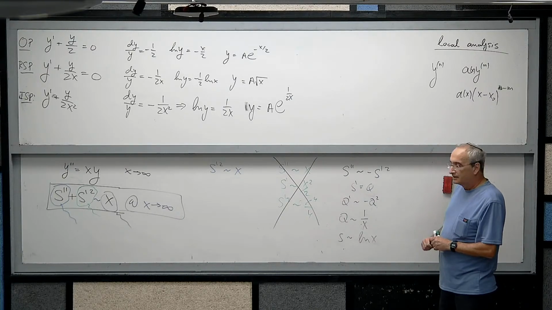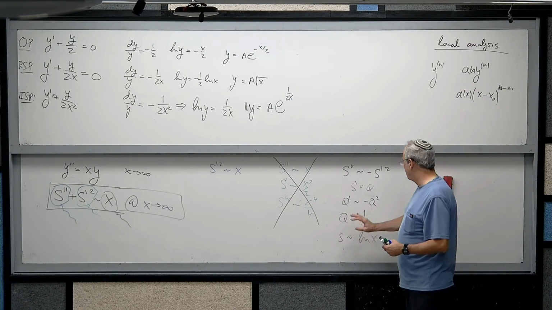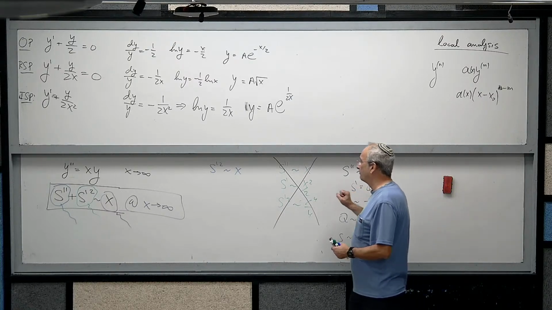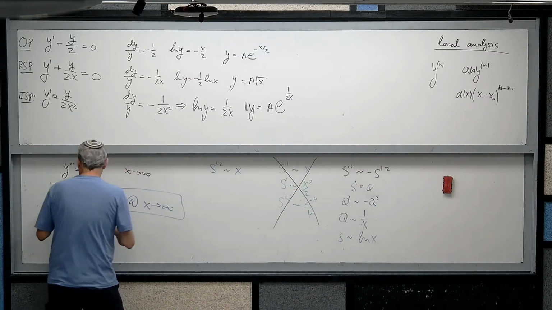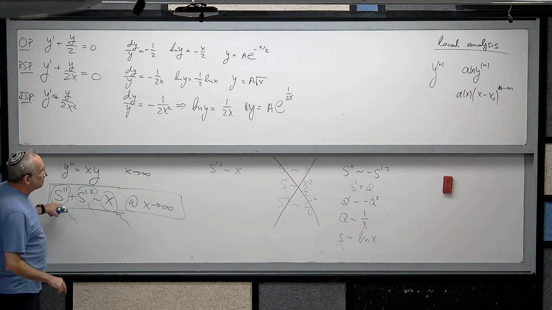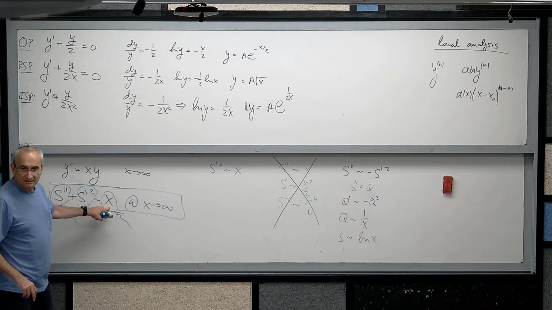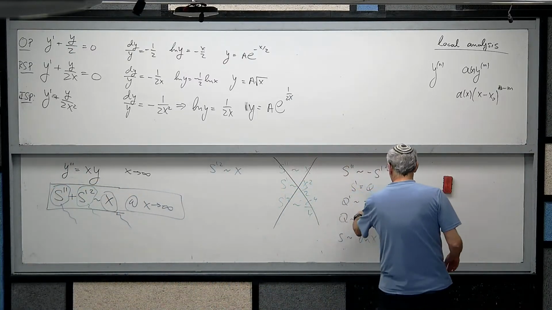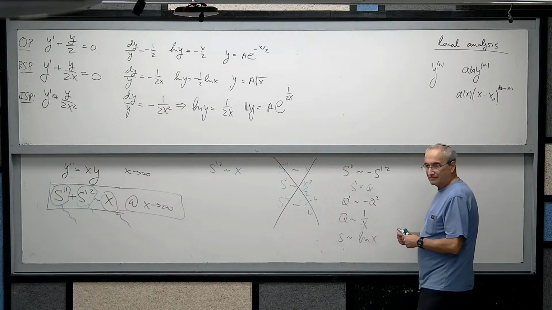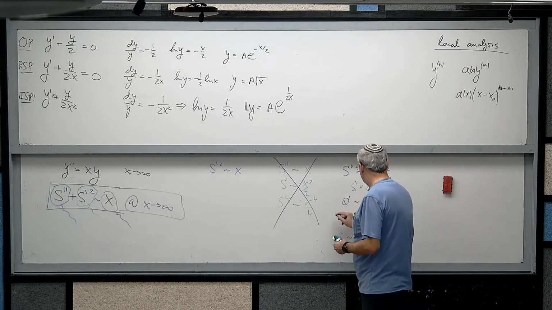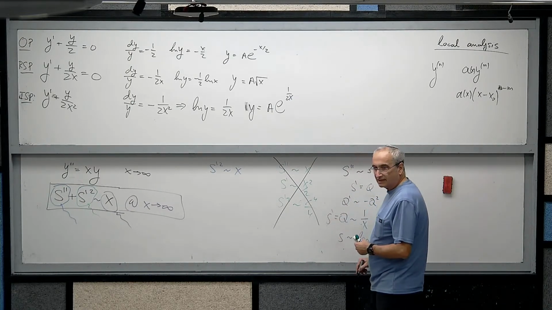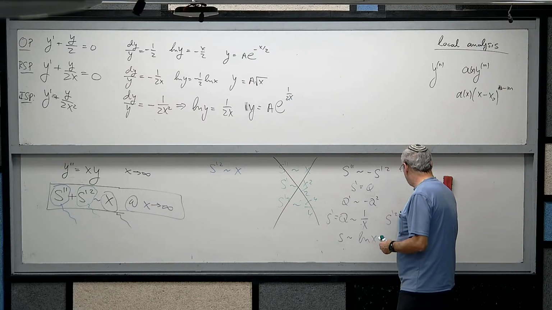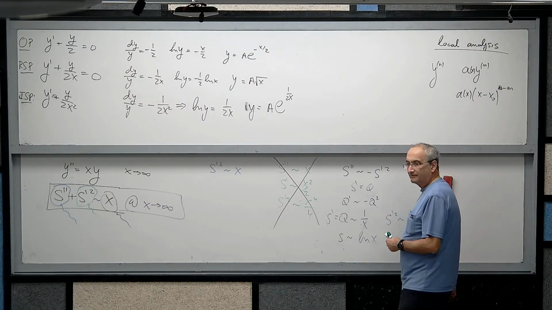But we have to compare S double prime or S prime squared with X. Q is S prime, so S prime is 1 over X. So S prime squared is 1 over X squared.